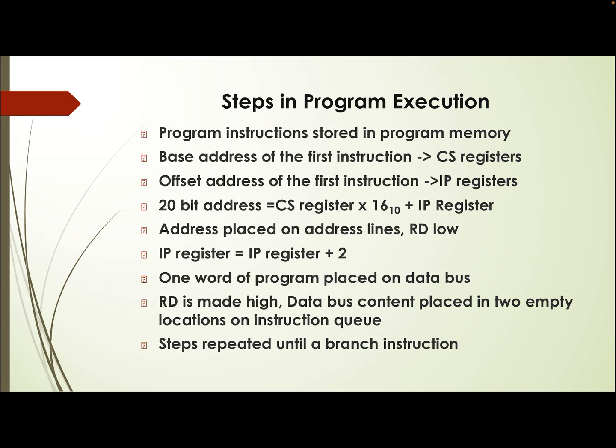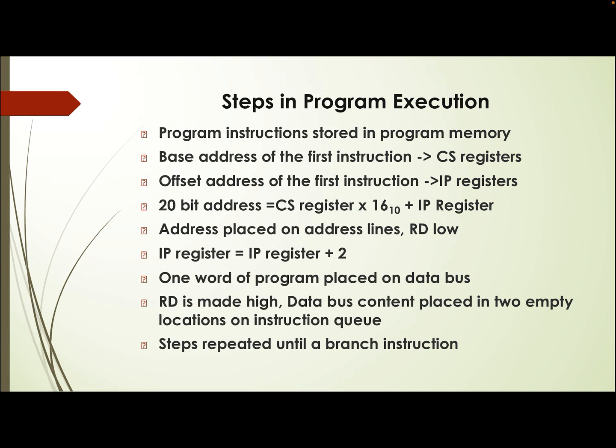What are the different steps in program execution? Program instructions stored in program memory can be accessed through the data lines by placing the address on the address bus. The base address of the first instruction will be taken from the code segment register.